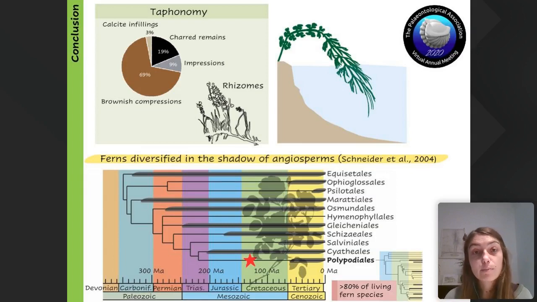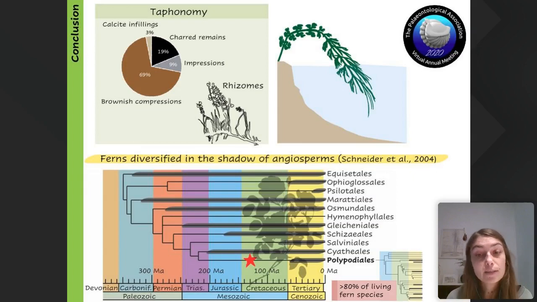I didn't say this, but these are continental freshwater localities, so the ferns would be living further away from the water. In this case, we do find rhizomes and these brownish compressions that suggest that there is not a lot of transport. This also indicates that the plants lived close to the water, and this possibility of the tips of some of the leaves developing under the water is possible.